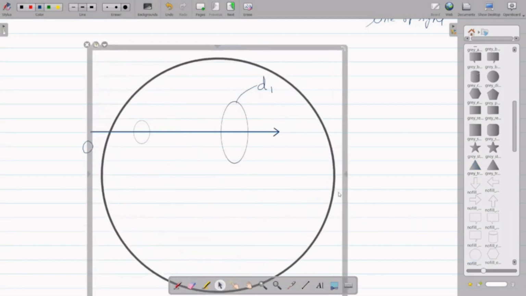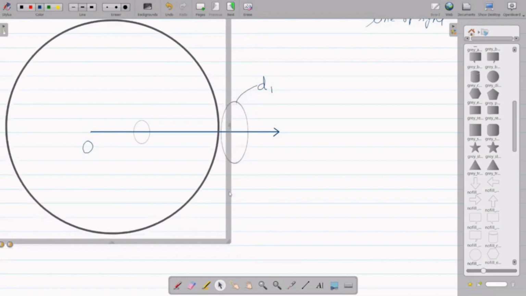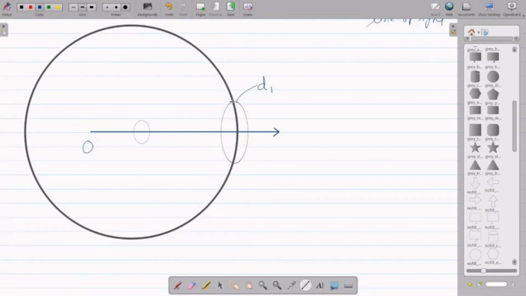So what I can do, I can construct a hypothetical sphere having the center at O, right? And if this is happening, then what does it mean? The disk D1 is part of this hypothetical sphere having the center at O, right? And the next thing which I can do, I can join all points of this disk D1 to the observation point. So in this way, I have constructed a complete cone.